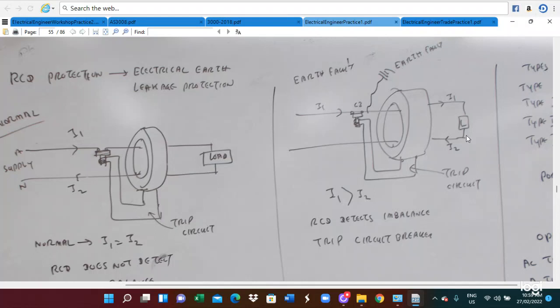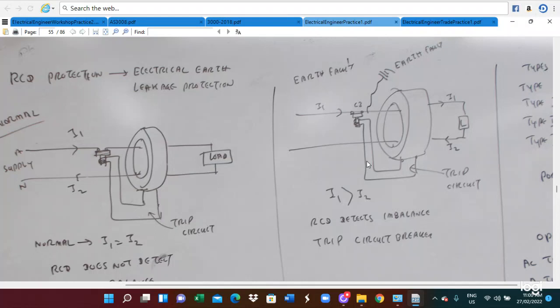Because of the imbalance current between I1 and I2, the RCD detects it and trips the supply circuit breaker, cutting off the supply. So this means that sometimes supply is not available because the RCD has already tripped due to the earth fault current.